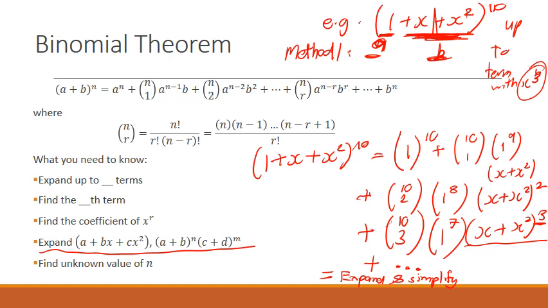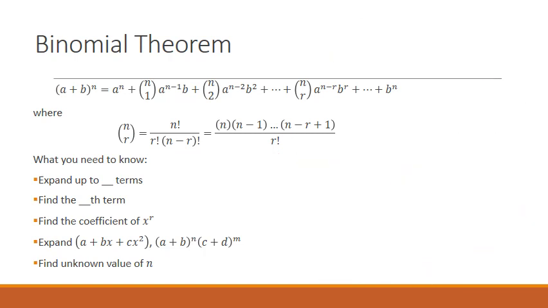Method two is only for questions where you can only factorize. So if you can't factorize the expression inside, you have to go back to method one.